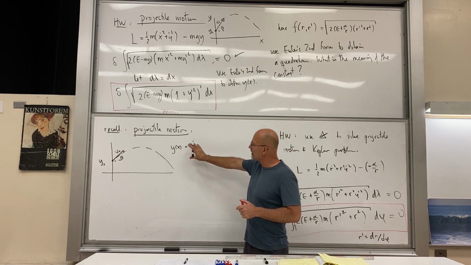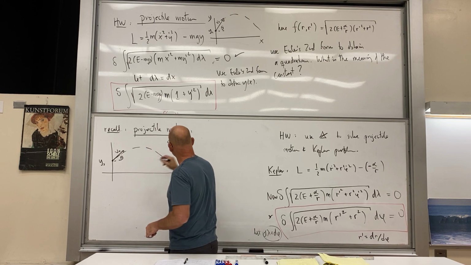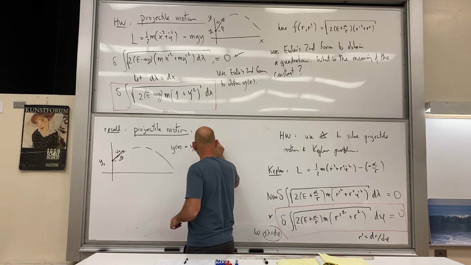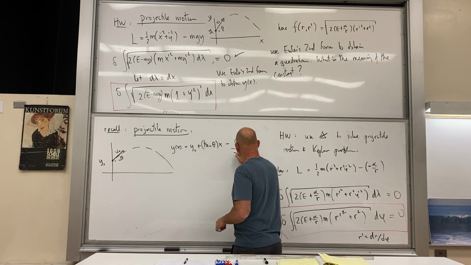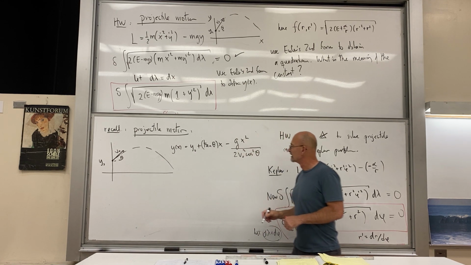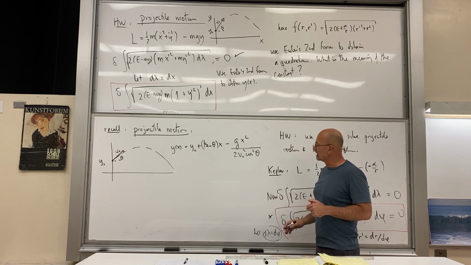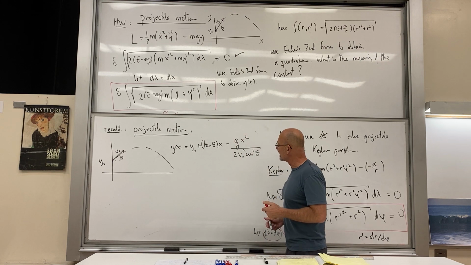You guys should maybe even derive this just as a reminder. y of x, since we're starting right here, is y sub 0 plus the tangent of theta times x minus g x squared over 2 v naught squared cosine squared theta. So that's what you get for the parabolic form of projectile motion. Basically, you solve for y of t and x of t, you plug one into the other. So this is what you get.